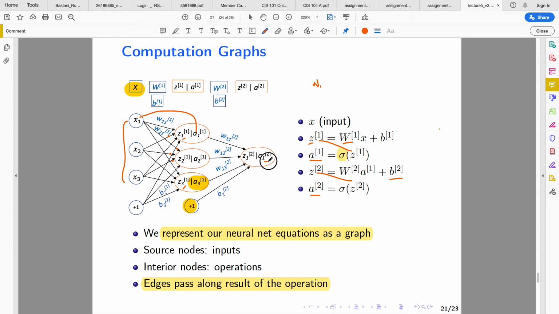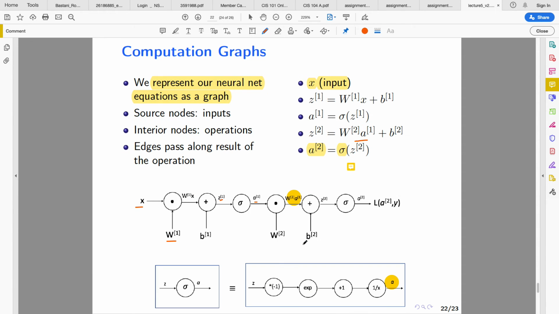So we continue like that until we reach the final prediction. This is our final prediction, A2, that's our y hat, and this is our original target, the given target label. Then we determine the loss between the predicted and the actual.